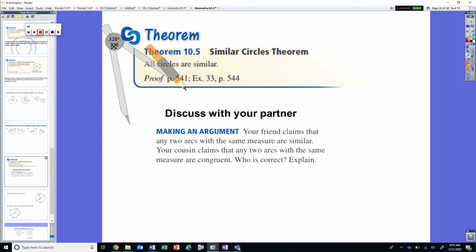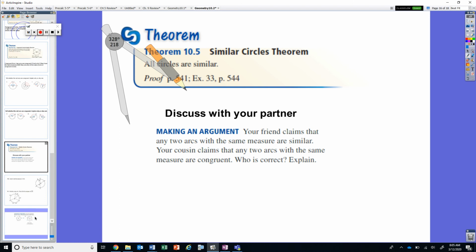But just because they have the same measure doesn't mean they have the same arc length, which means they would be non-congruent circles. So in order to be congruent circles, remember they have to have the same radius. And so your friend would be correct in this aspect.